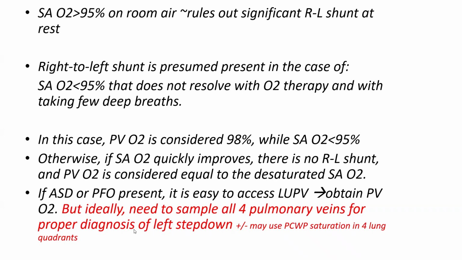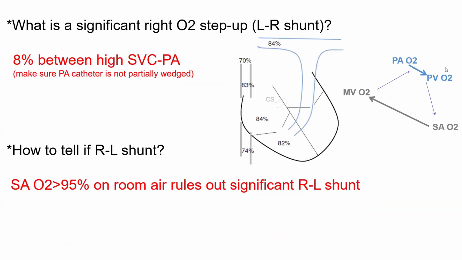Now, you could sample the left upper pulmonary vein. However, let's say the left upper pulmonary vein is 98% and the arterial saturation is 92%. That doesn't necessarily mean that there is a right to left shunt, because remember, it could still be lung disease or hypoventilation, and the patient is having pulmonary venous O2 98 and arterial O2 92%.